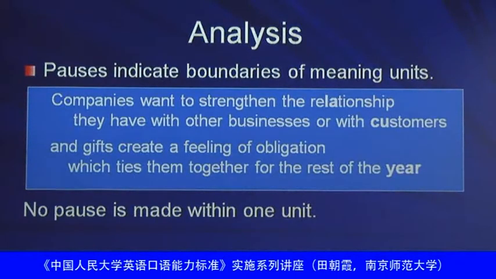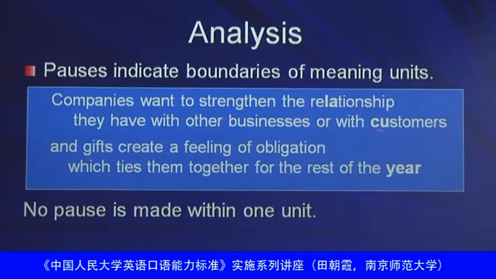Further analysis of this, still this sentence. First, according to what we learned in the previous section, we're going to make pauses first. So pauses first. The boundaries of the intonation units first.